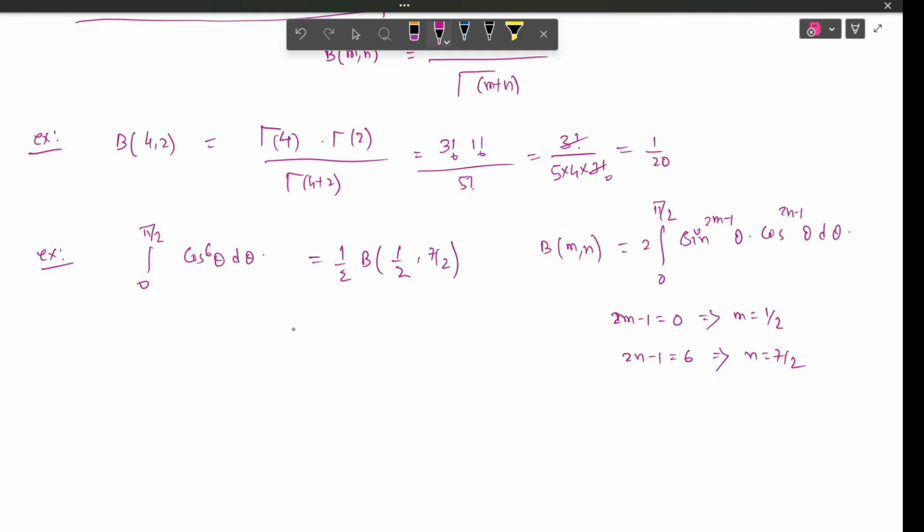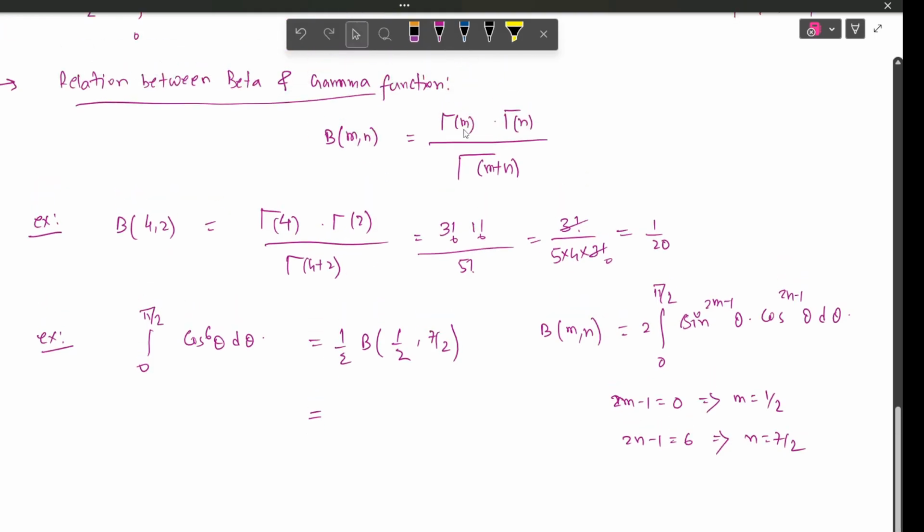Now we know the relation between beta and gamma function, that is beta of m comma n should be gamma of m gamma of n by gamma of m plus n.